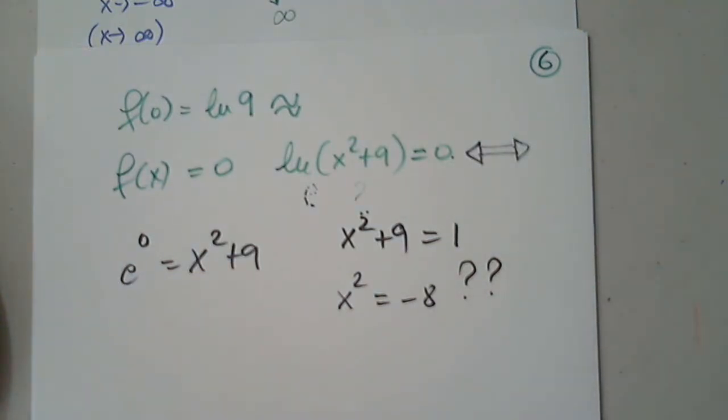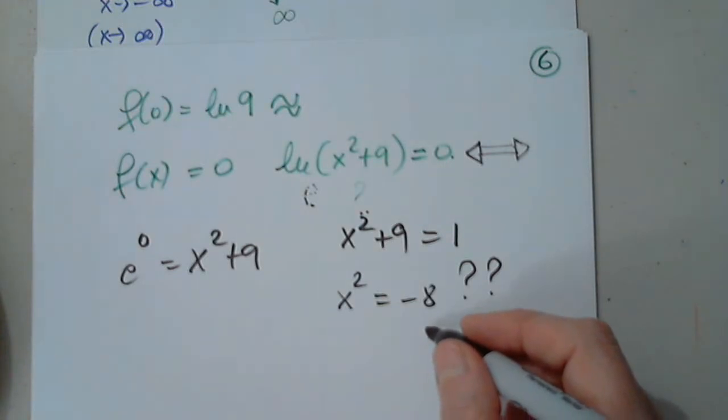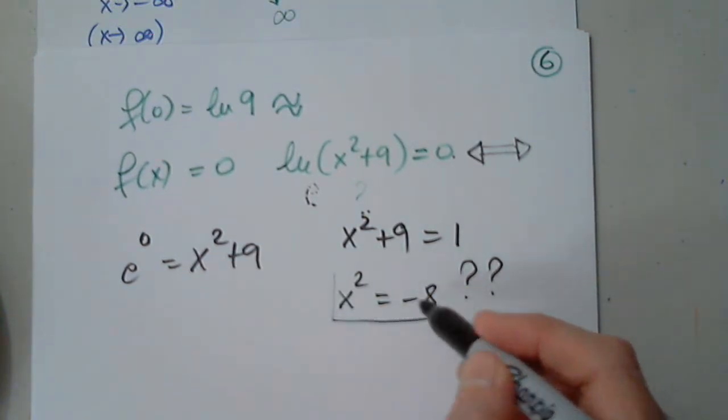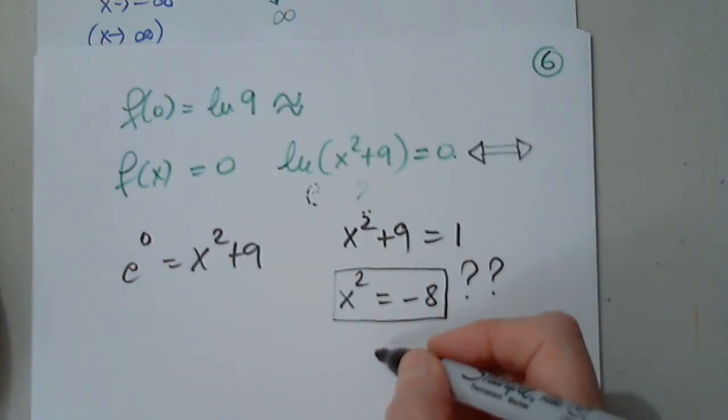What are the solutions for x squared equals negative 8? Anyone? Tell us what the type of solutions are these? Is it plus or minus root 8?